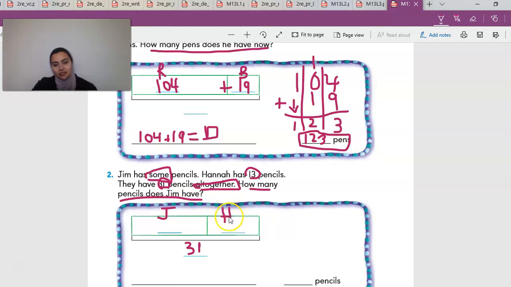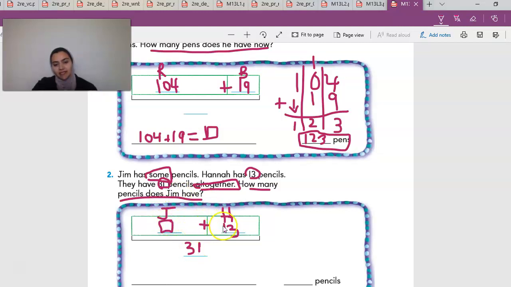We don't know how many Jim has, right? It says he has some. So that means we're going to draw an empty box here. And we know Hannah has 13. And they're asking, how many does Jim have? So we know Jim plus Hannah, and I know plus because it says they have 31 altogether.